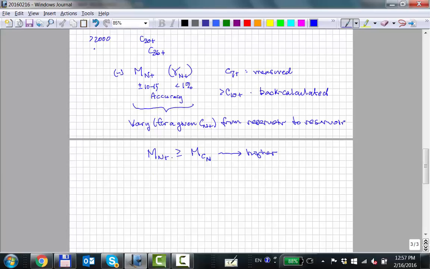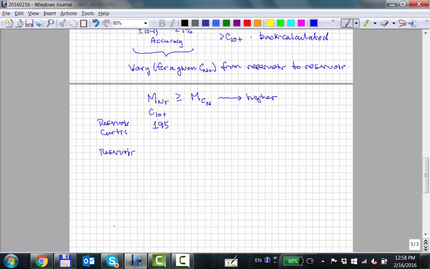And then if you happen to have some reservoir Curtis, just call it my name, which happens to have 195, C10 plus molecular weight, okay? And reservoir Singh, since I've been in India, pick a common Indian name.